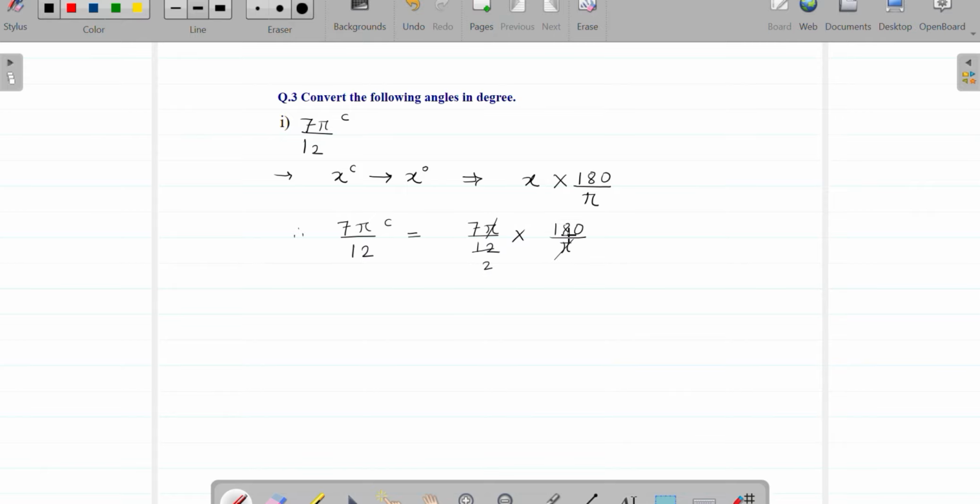Six 2s are 12. Here 6 3s are 18. Again divide. 2 1s are 2. 2 15s are 30, which is equals to this 7 as it is into this 15 as it is. 15 7s are 105 degree.